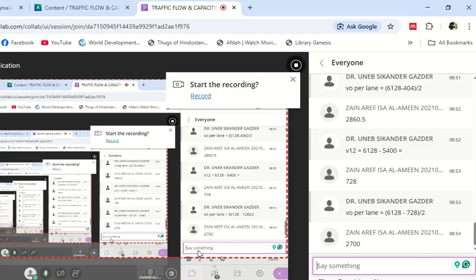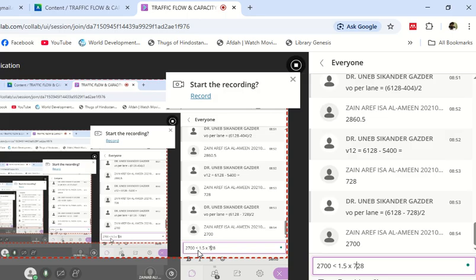So how much is the new outer lane volume now? Okay, and this value should be less than or equal to 1.5 times 728.